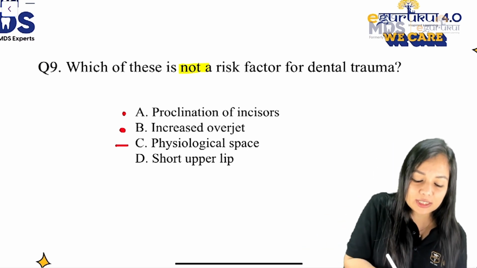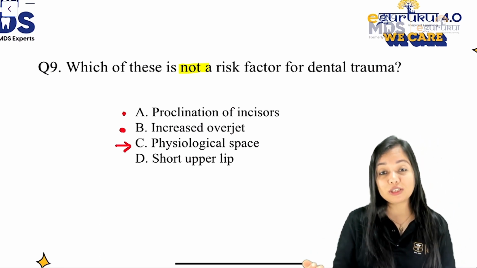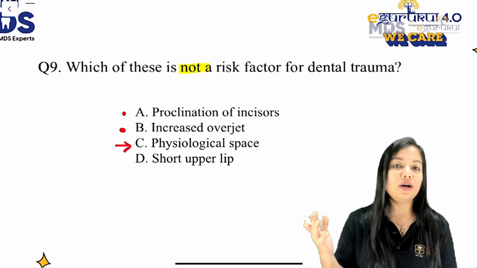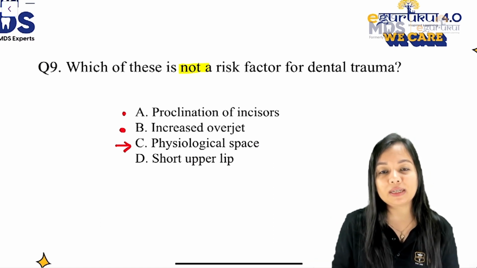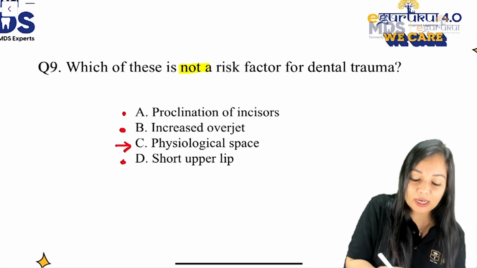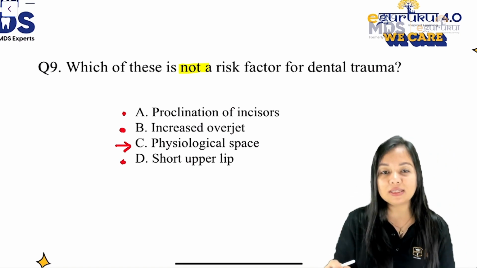Physiologic space. Okay, so physiologic space, there is no reason why physiologic space can be at a risk for trauma. Short upper lip, on the other hand, can be a reason for trauma.